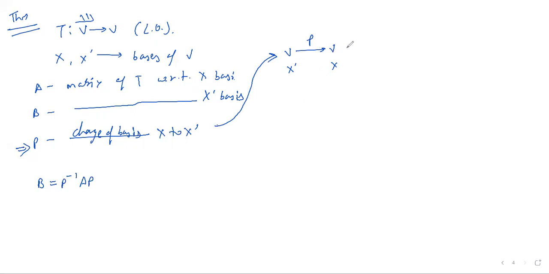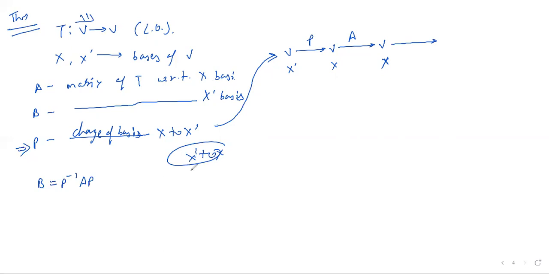Now if we look at the A part, what is A? A is my matrix of T with respect to the x basis. So A will go from vector space V to V, and with respect to the x basis, it will be x here and x there. From this mapping we'll get our matrix A. Now what is the change of basis from x dash to x?